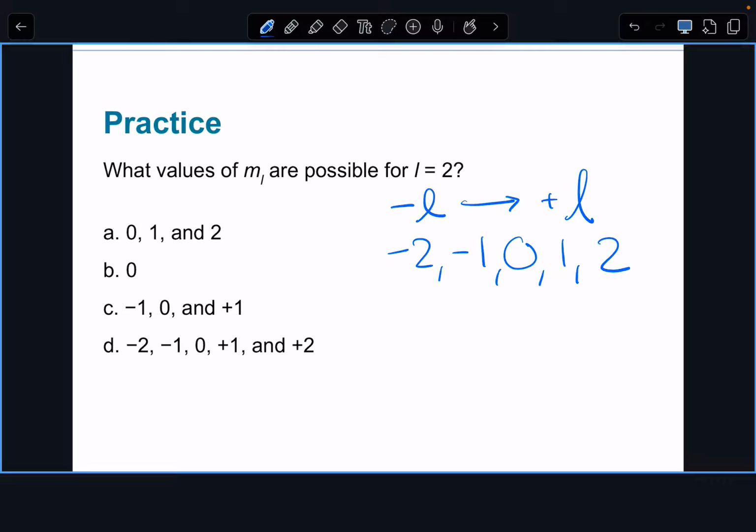It's that easy. Start with the negative, go all the way through, integers, including 0, all the way up to the positive.